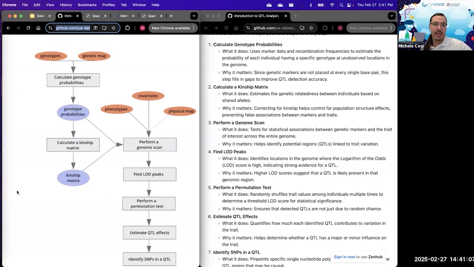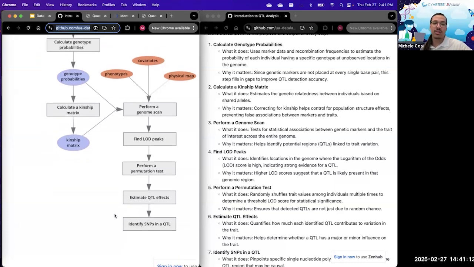Once you have this side of the tree figured out, you can continue on the right side, and this is where a lot of the heavy lifting is done. Taking in the genotype probabilities and the kinship matrix, you take in also the phenotypes, the covariates, and the physical map, if there is one, and perform a genome scan.